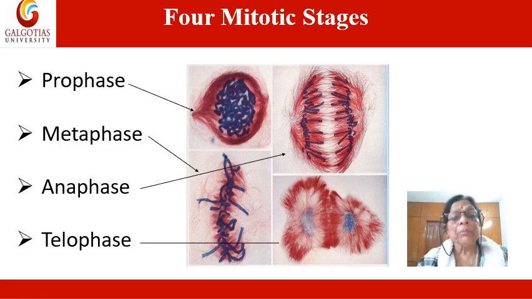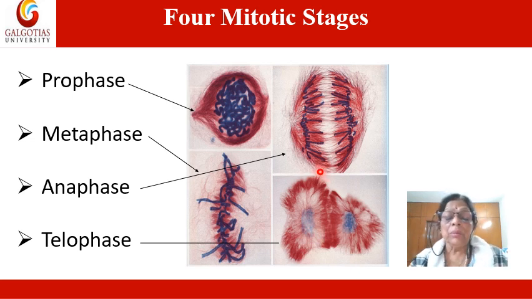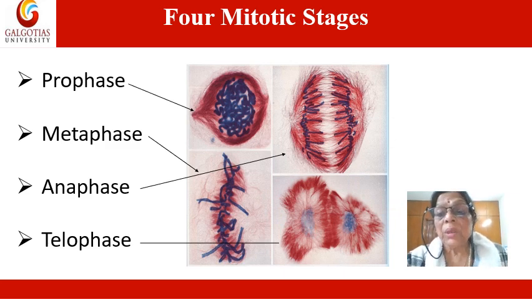This slide has four mitotic stages: this is prophase, this is metaphase when they arrange in the equatorial region, this is anaphase when they start moving towards the poles, and this is telophase when the chromosomes have divided equally into two, and these are the two nuclei formed, and later on the division of the cytoplasm will take place.